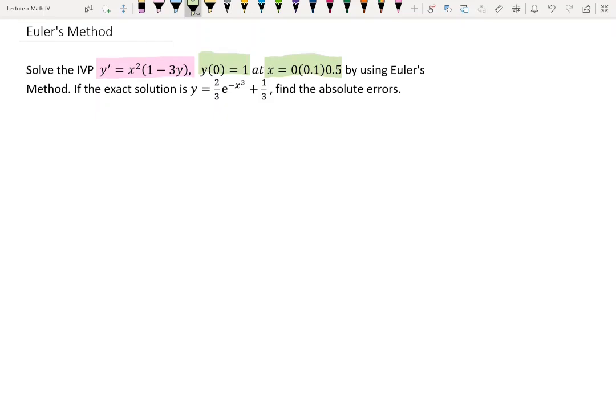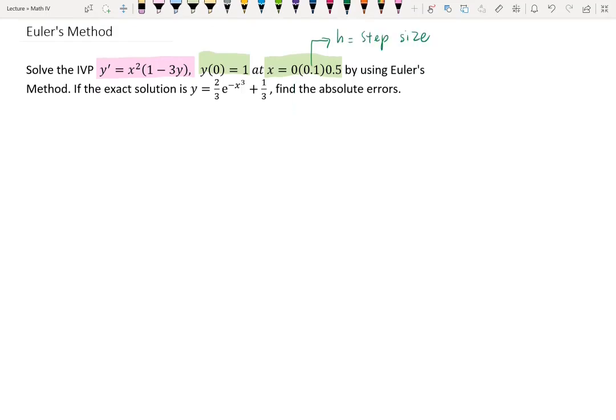So what does it mean? How can we translate this information? The value in this column represents the step size h. So this is h, which is the step size.